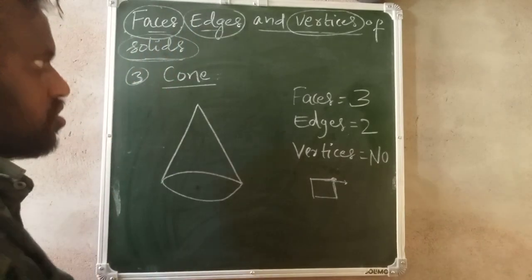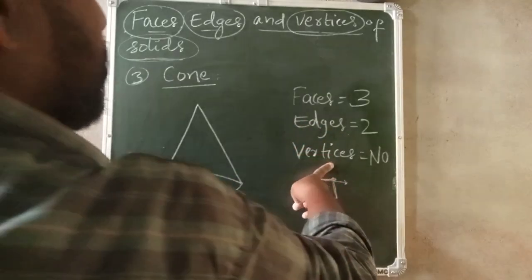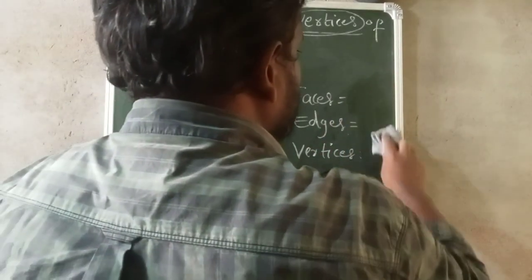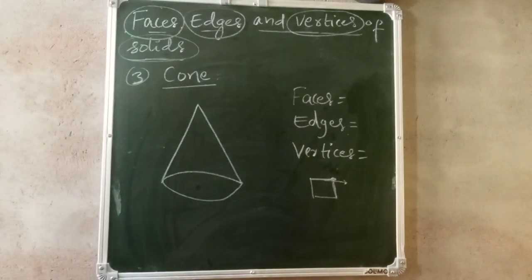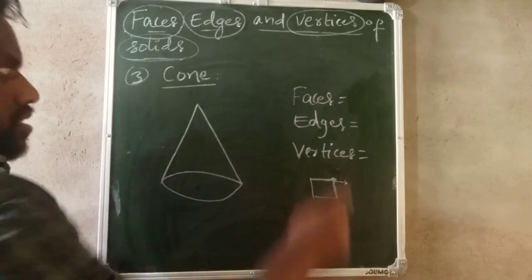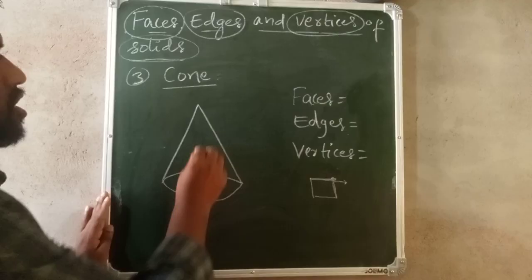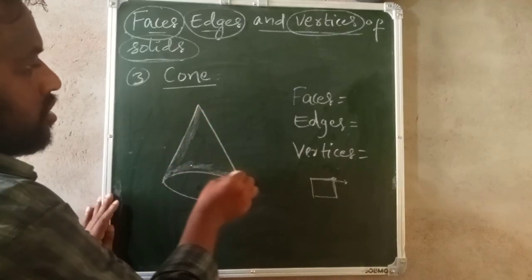Now faces. First, faces, edges and vertices of cone are different. I will just erase the numbers. First faces. See, I'm just shading the region.